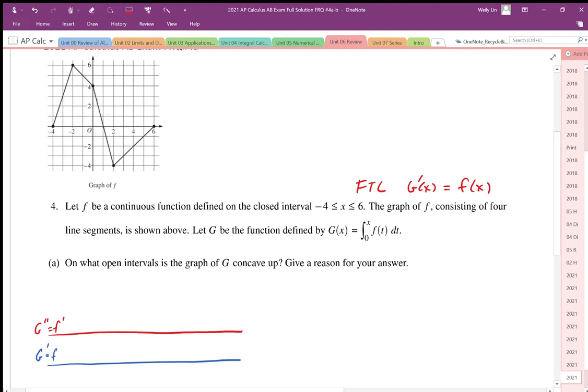So this is my f function, and we want the first derivative of that function. I'm just going to start with the slope chart, based on the positivity and negativity of the graph.